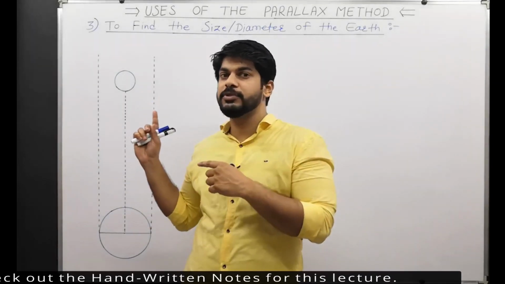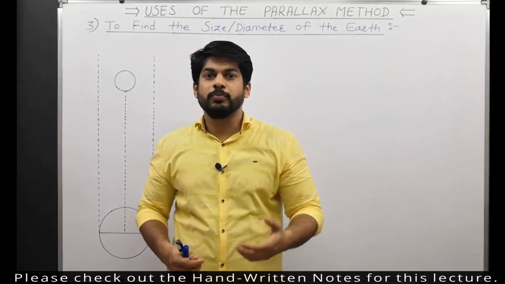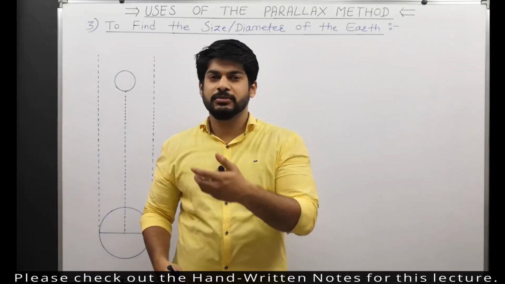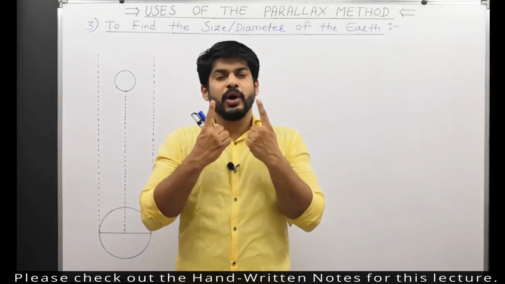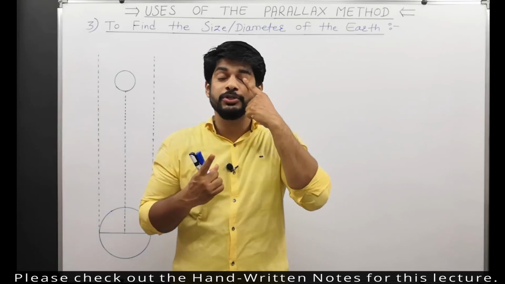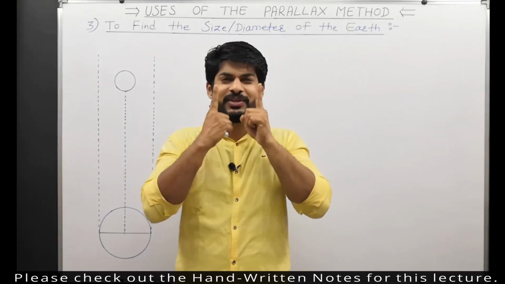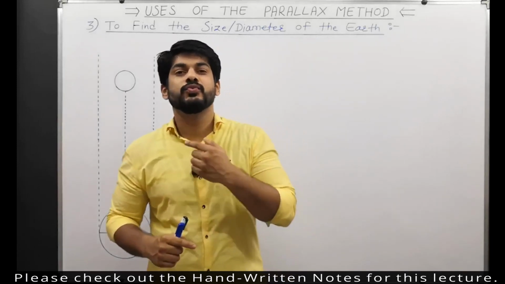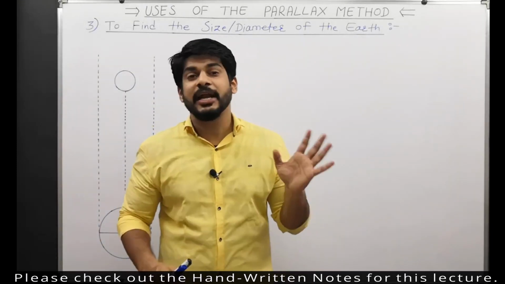In the case of the earth and moon or other astronomical objects, other planets, you cannot use just your two eyes as two different points of observation. No, you can't. That distance is very small, so you won't observe any parallax at all.